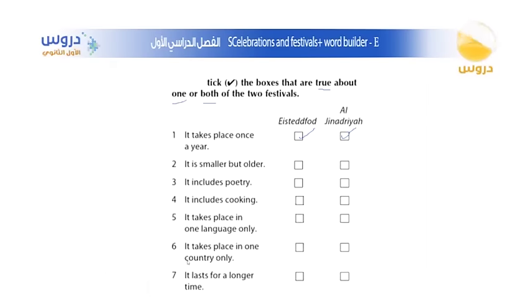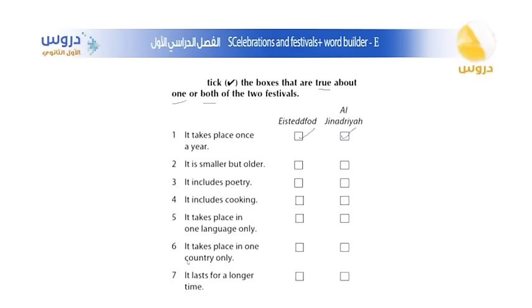Ms. Shadi is saying both. What about the rest of the students? What do you think? Mr. Salim, Ms. Ala, and Mr. Ahmed, Mr. Toon? You may just give us your answers. Number two, also both, Ms. Ala, alright. Number two, it's smaller but older. Smaller but older.